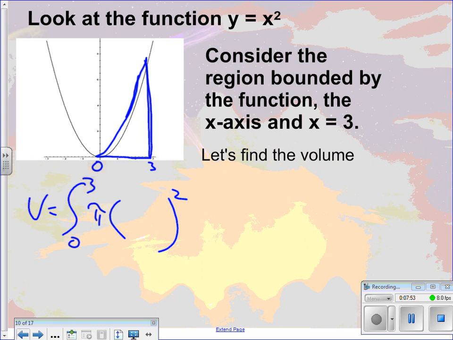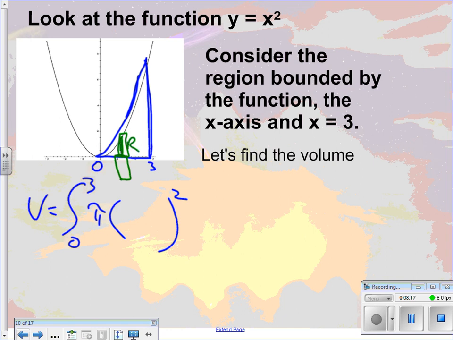Well, if we draw in a little rectangle in here, remember our radius, this rectangle gets spun around, right? So our radius is the distance from here to there.